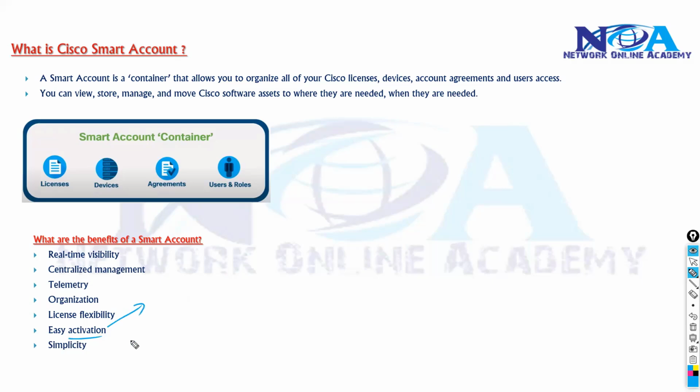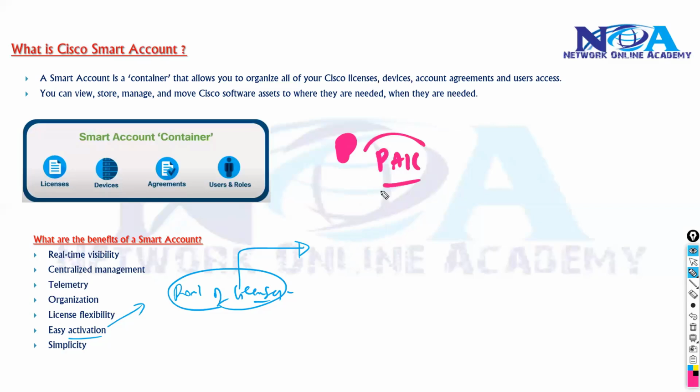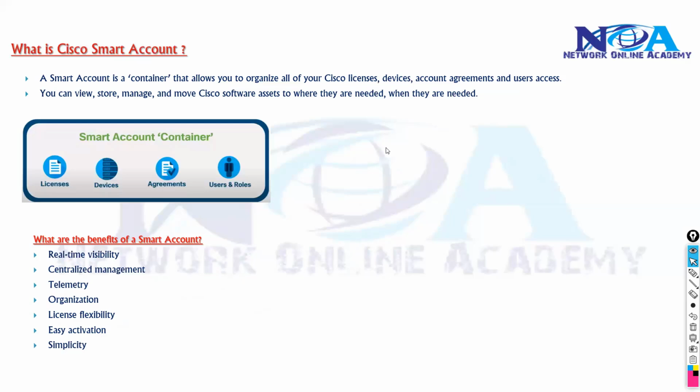In the case of easy activation, there will be a pool of software licenses, and this pool of licenses you can apply to multiple devices, not an individual device. Because in the older method, we used to have something called a product activation key, where you need to activate that license for each and every individual device, one device at a time. Whereas here you can activate the licenses with a pool of software, and it can be used across the entire company network.